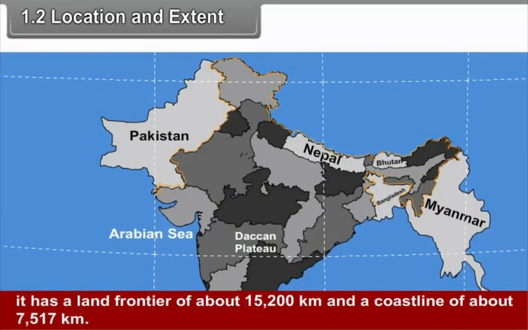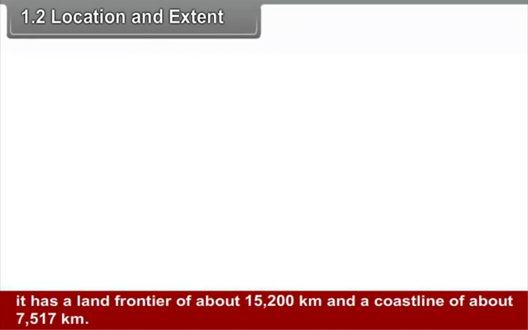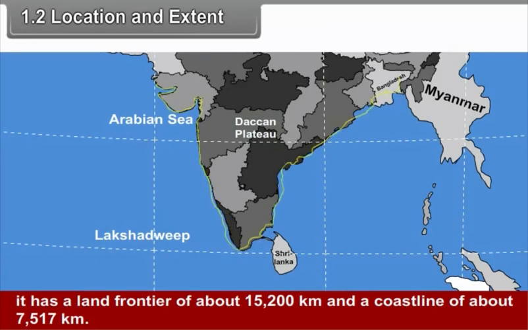It has a land frontier of about 15,200 kilometers and a coastline of about 7,517 kilometers.